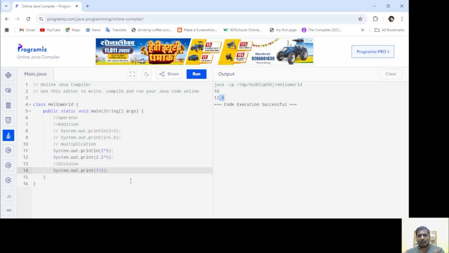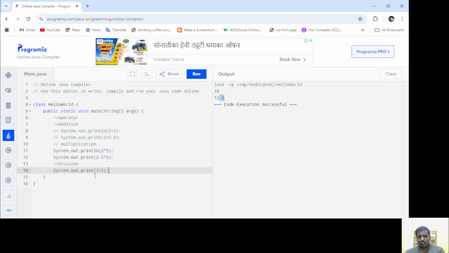But in Java, when we perform the division operation, Java terminates all the decimal value and gives only the integer part. So 7 divided by 2 gives only 3.